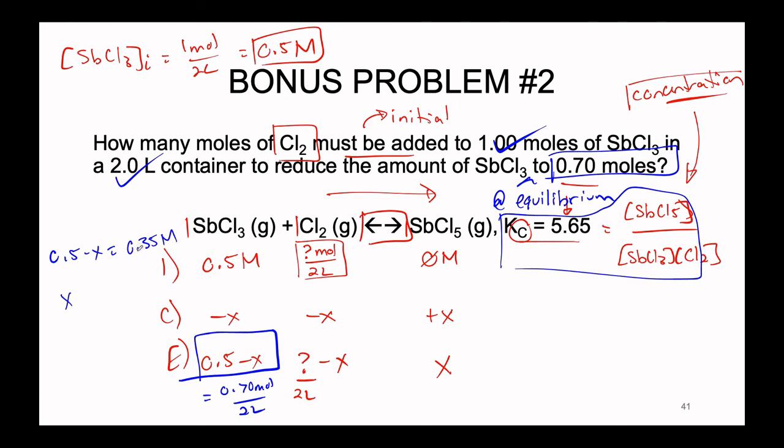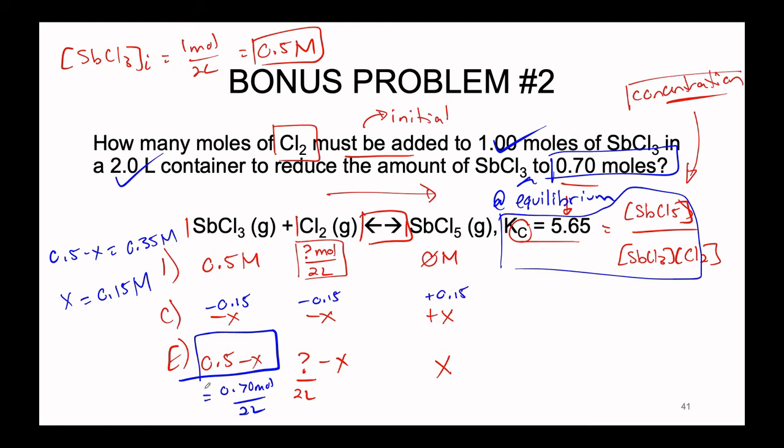If we subtract this 0.35 to the left-hand side, move the x over, we find that x is equal to 0.15 molar. And we can plug that in everywhere, right? X is x no matter where it is. So the change that is happening is a minus 0.15, minus 0.15, plus 0.15 all across the board.